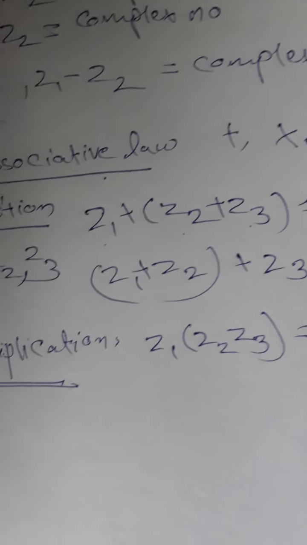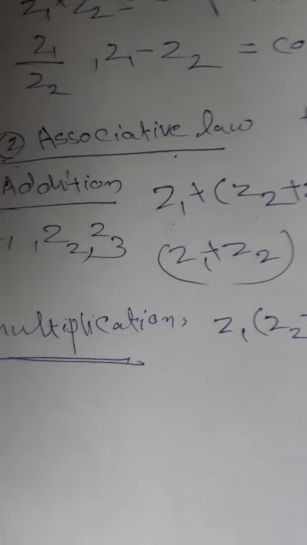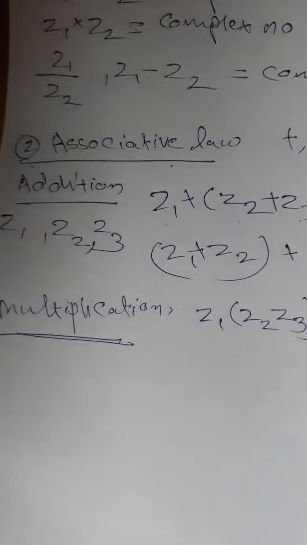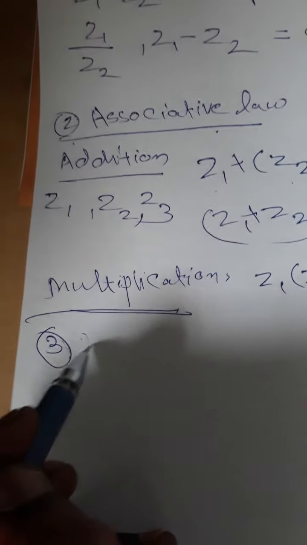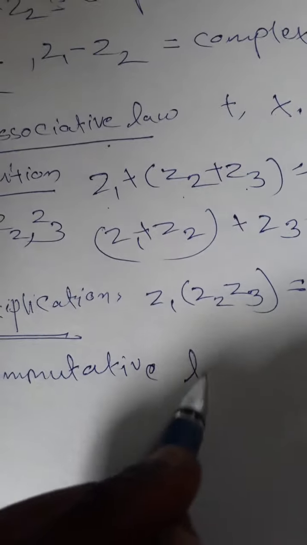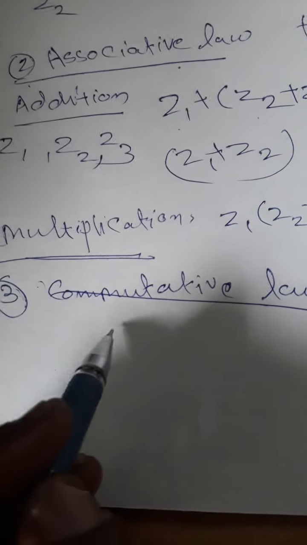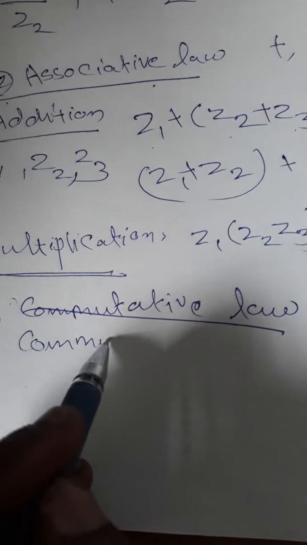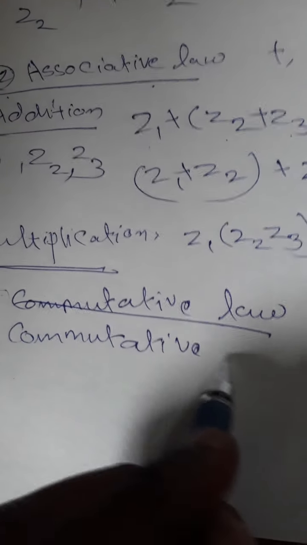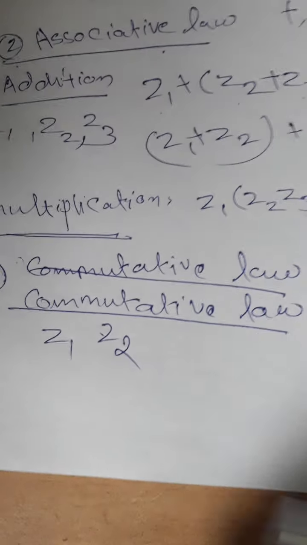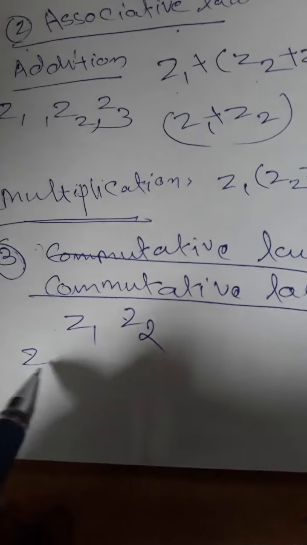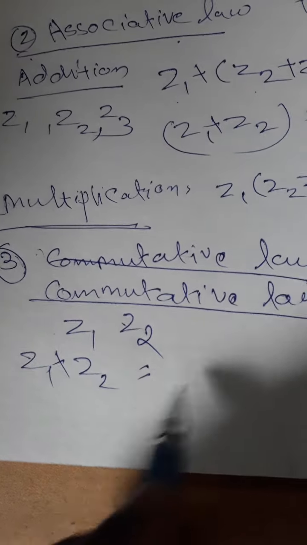And now we shall see the commutative law. The third one is about the commutative law. If z1 and z2 are any two complex numbers, then z1 plus z2 will be equal to z2 plus z1.